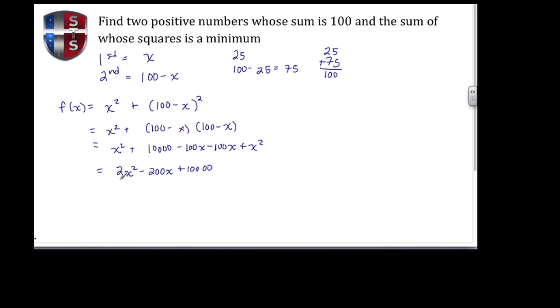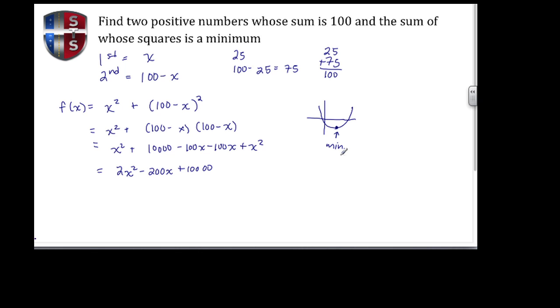Because we have a positive coefficient in front of this x squared term, we know that this is going to form a parabola that opens upward. And with it opening upward, we know that our vertex here would in fact be the minimum that they're talking about in this particular problem.